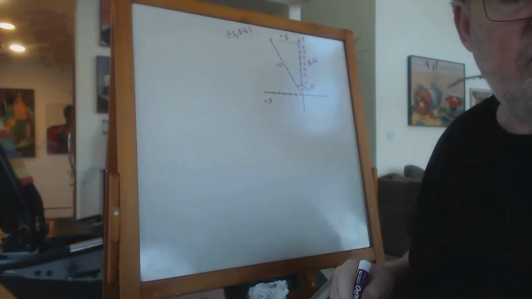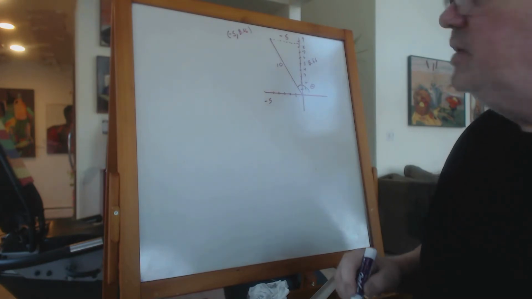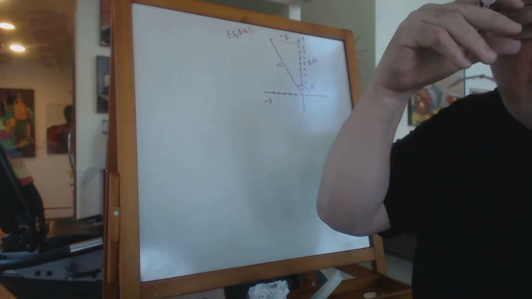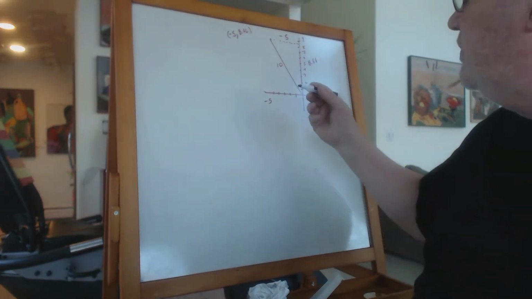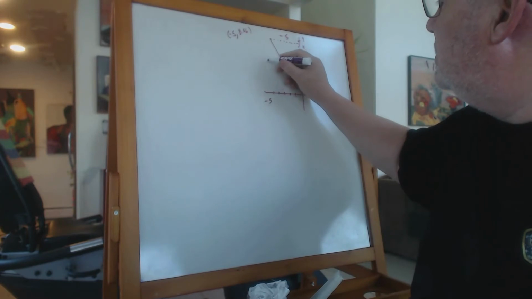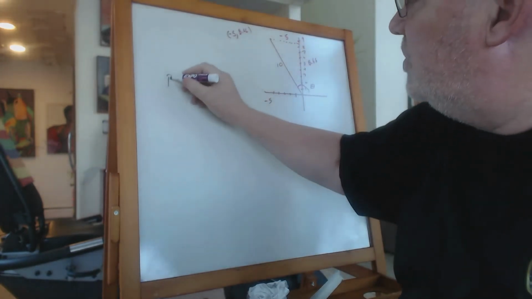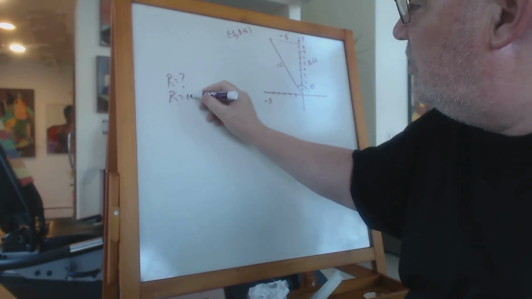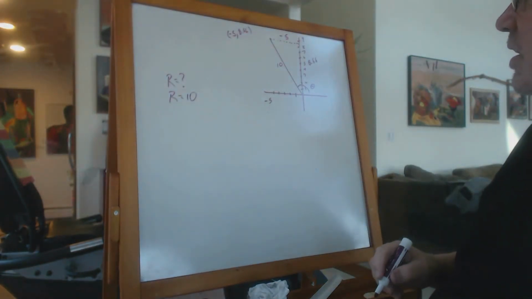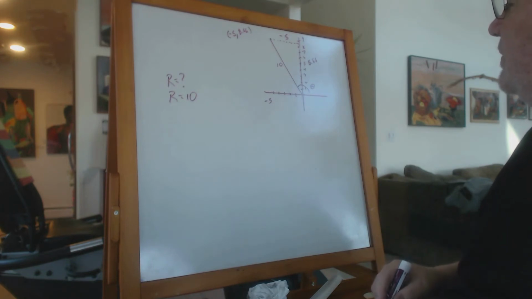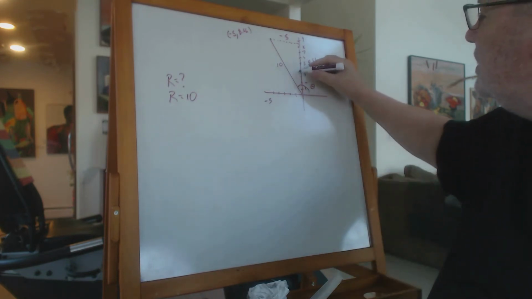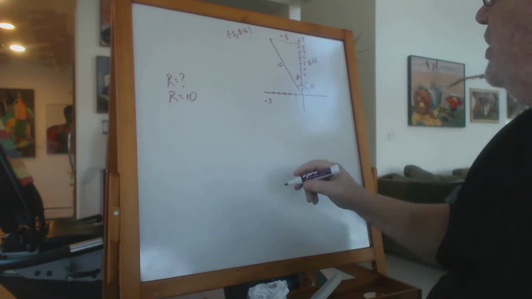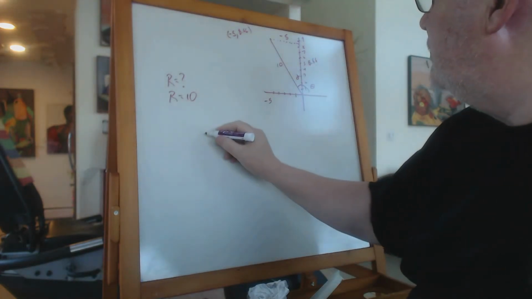I think that was one of the questions. We wanted to find what r was. So the question was, what is r? Well, we've got r equals 10. Okay, so we've got an alpha here, and we have the sine of alpha.